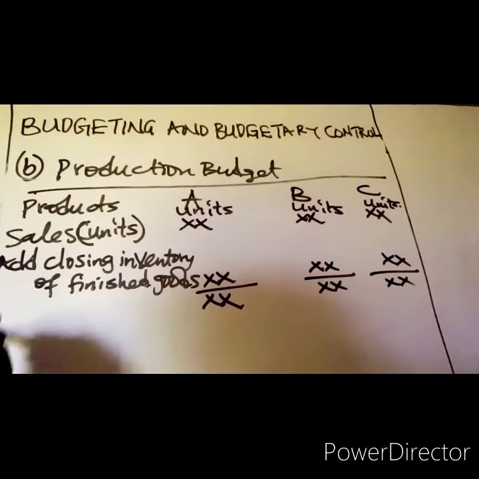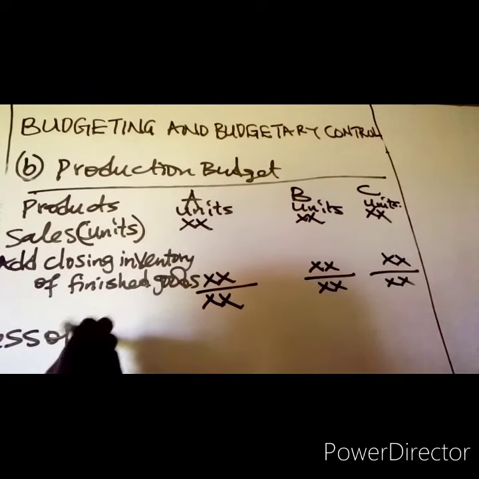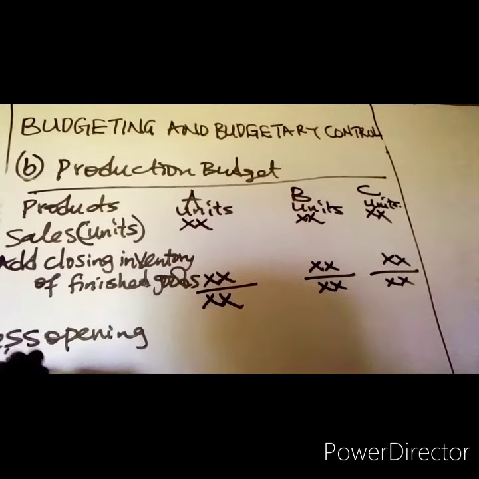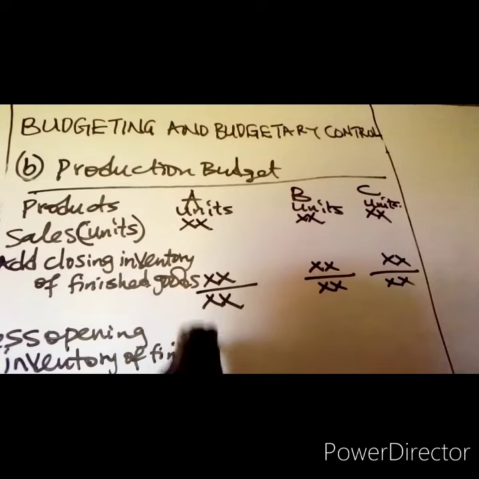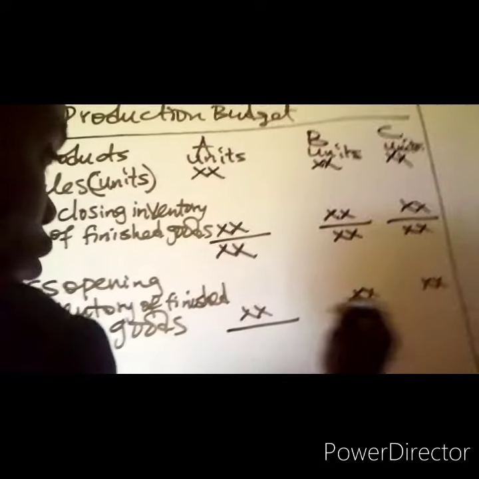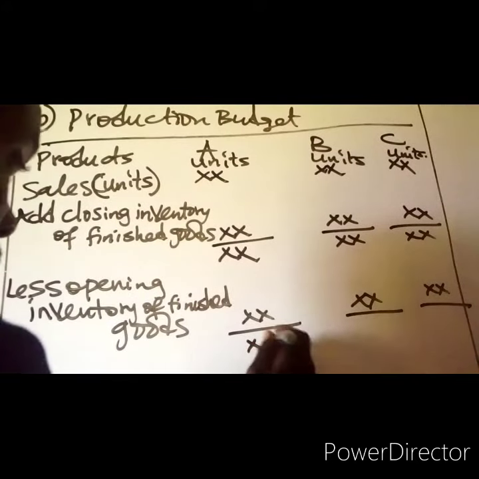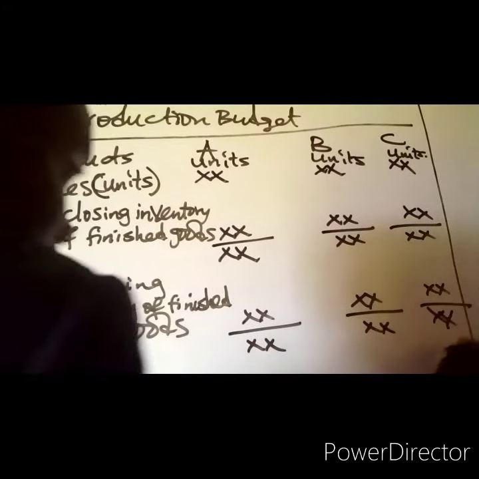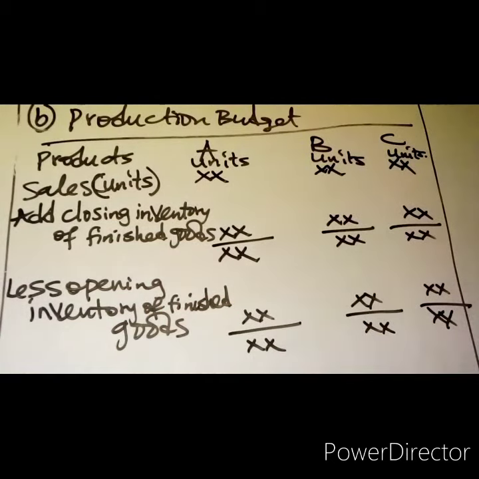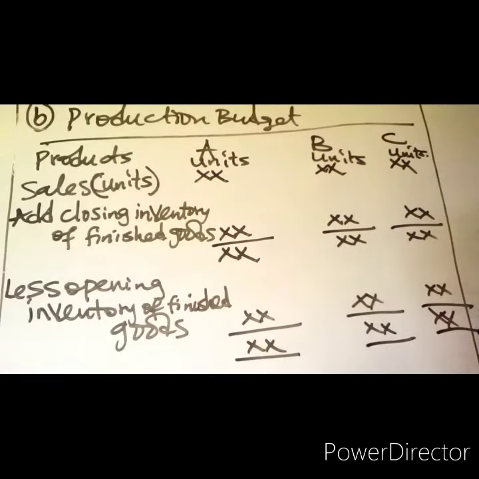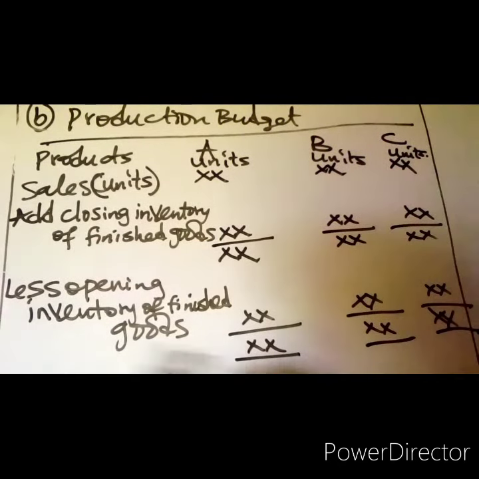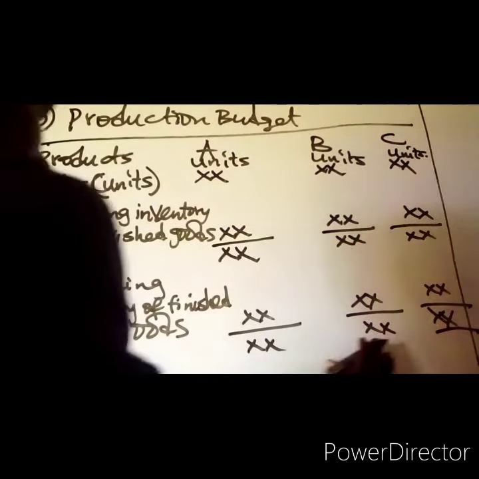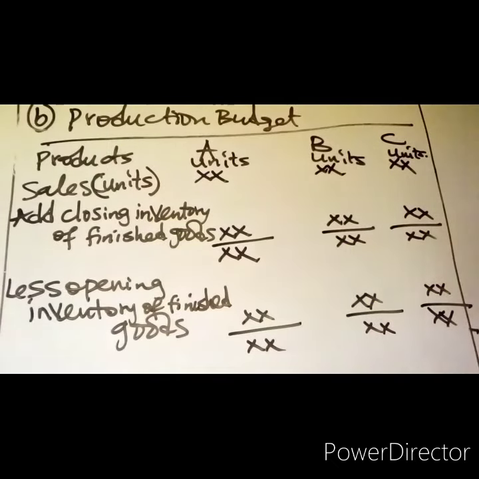Then you now less opening inventory of finished goods. The result obtained after deducting the opening inventory of finished goods is your budgeted production, if there is no normal loss.